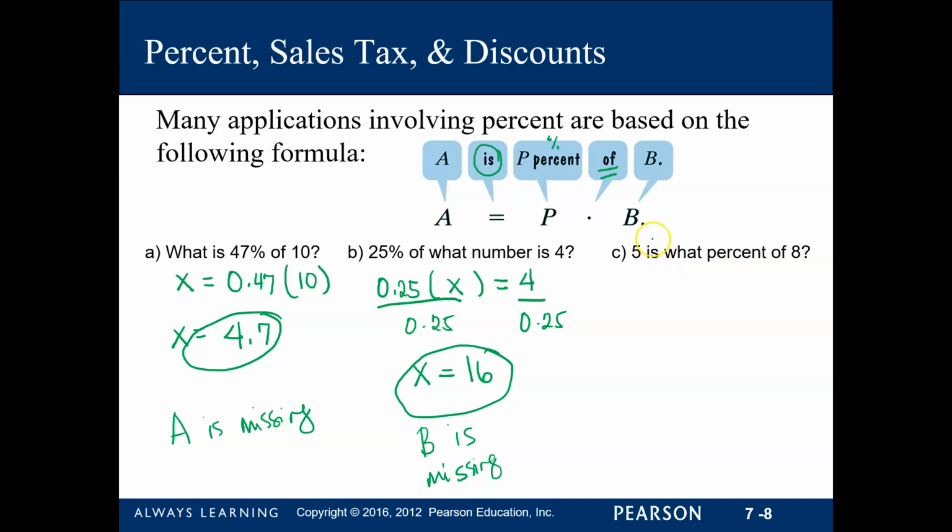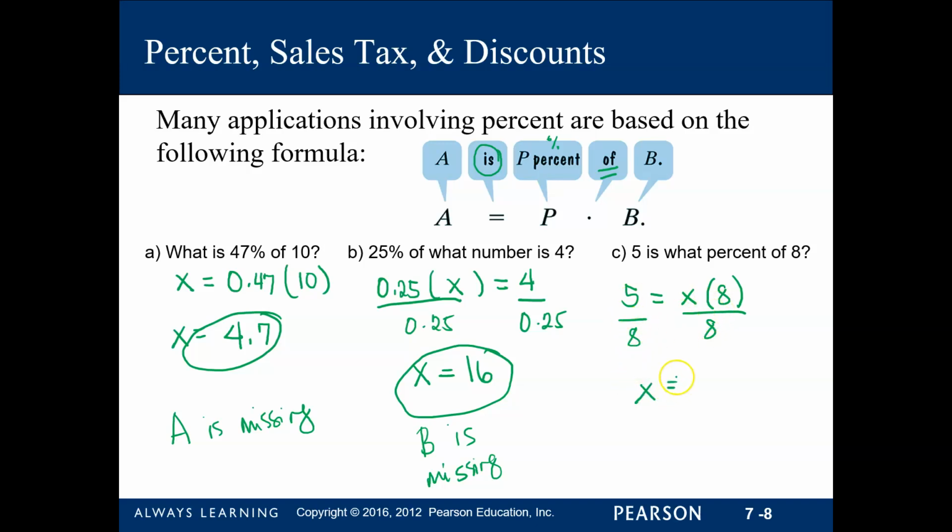So again, from the English question, we translate it into a mathematical equation. 5 is the equal sign. What percent? We do not know, x. And then of 8, so we multiply by 8. So we need to solve for x. And as you can see, solving for that, we need to divide by 8 in here.